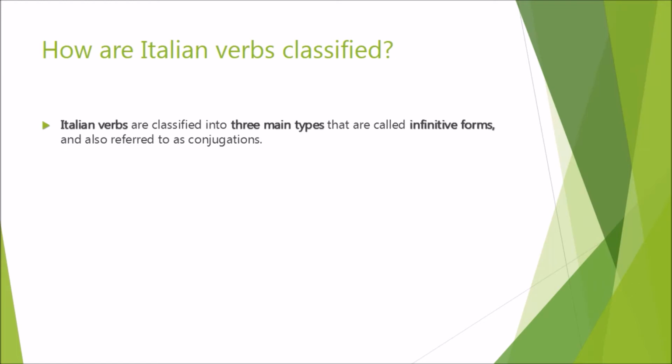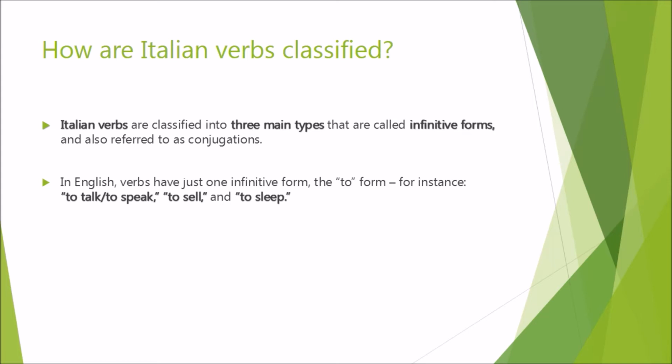Italian verbs are classified into three main types that are called infinitive forms and also referred to as conjugations. In English, verbs have just one infinitive form, the 'to' form. For instance, to talk, to speak, to sell, and to sleep.